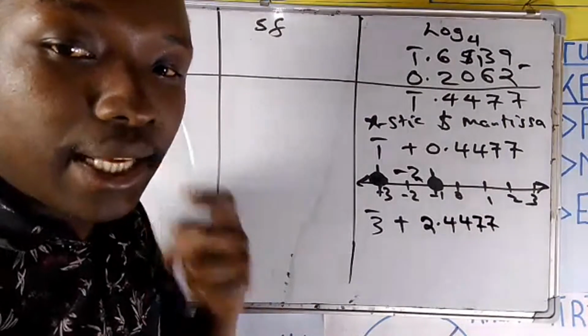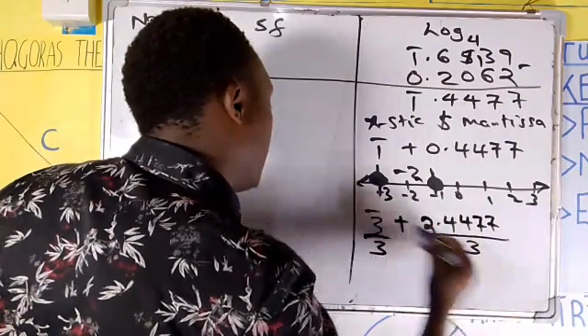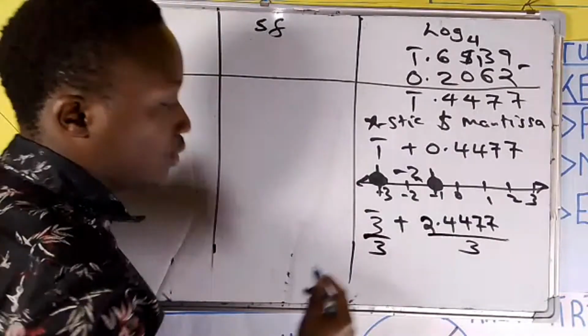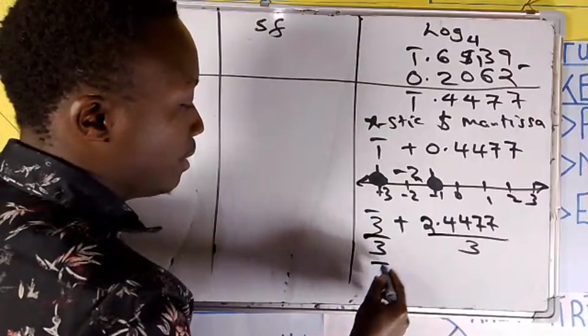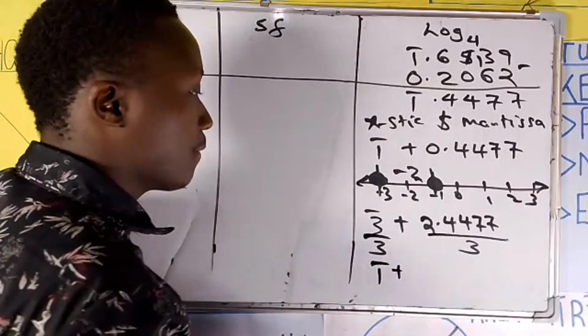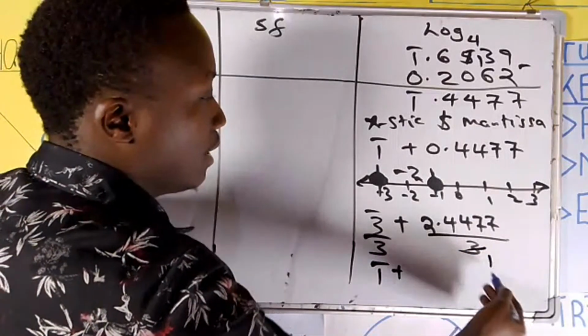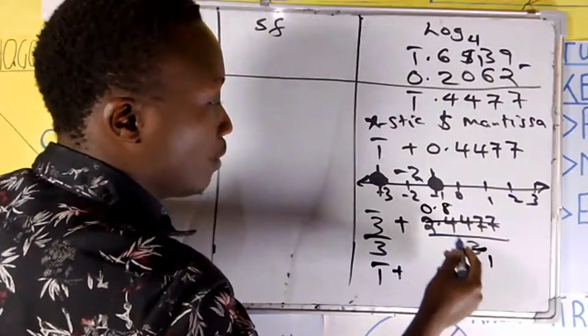And when we get that, we are going to divide both sides by 3. Bar 3 divided by 3 will be equal to bar 1 plus, if we divide 2.4477 by 3, we will get 0.8 because of 2.4.